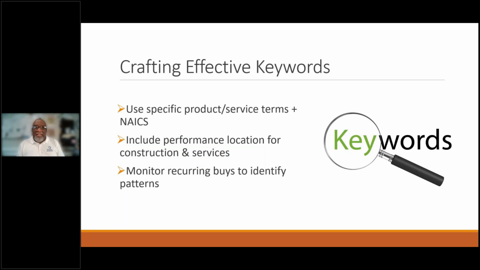Another important piece is performance locations. Now, for knowledge work, performance location is almost an agnostic situation. We don't care where the person is doing the work. But for some services, and specifically construction, where location matters, it's really important that you talk about the places where you do work.